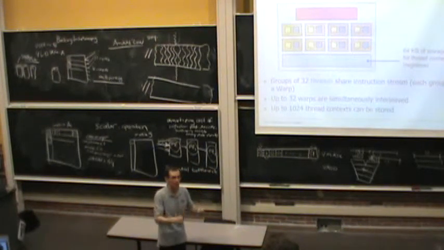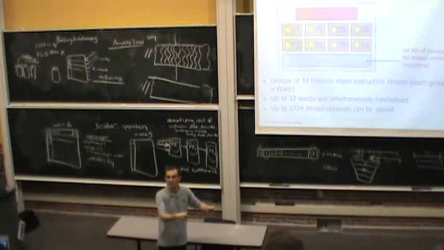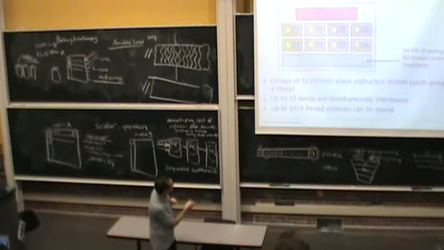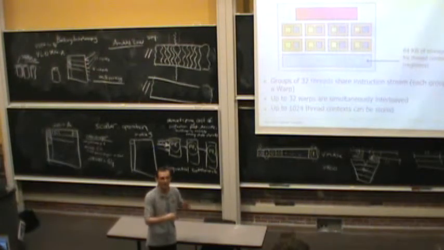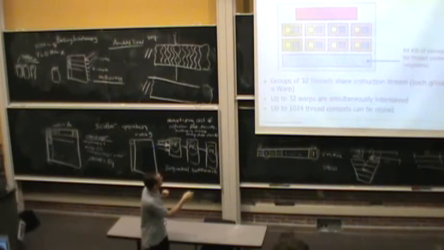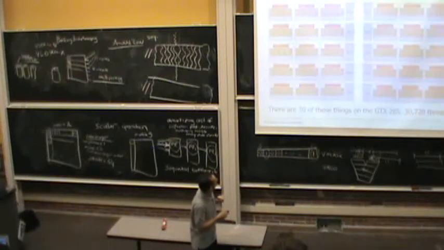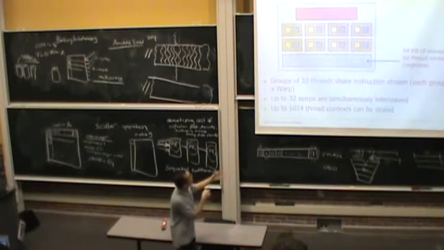So if one warp stalls, you can execute on another warp. This is fine-grained multithreading across the warps. Which means that you have 32 threads times 32 warps, so 1,024 thread contexts. That's a lot of threads, and that needs to be stored in the register file. So GPUs have big register files to store them. And this is actually only one core of a GPU.